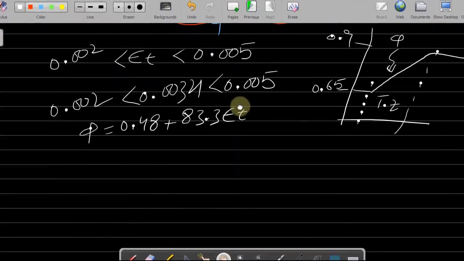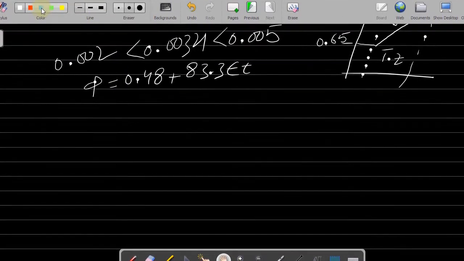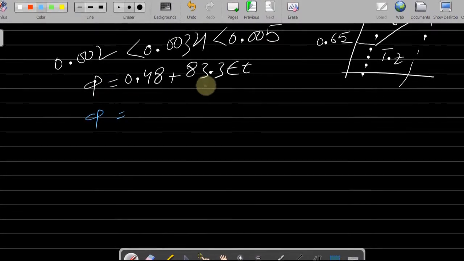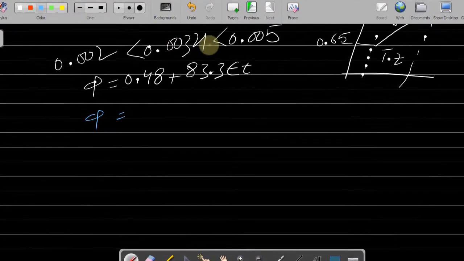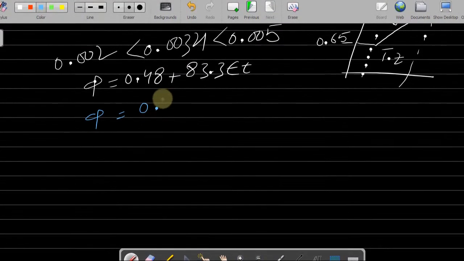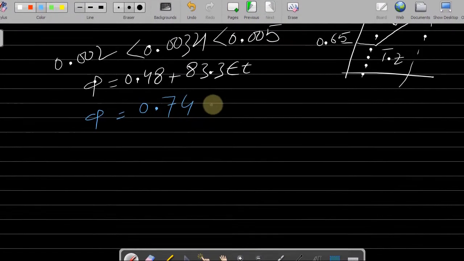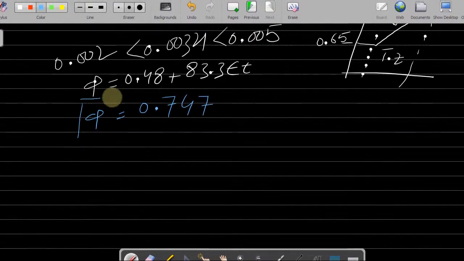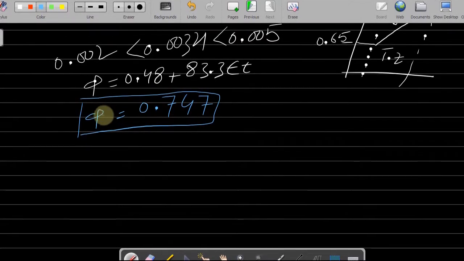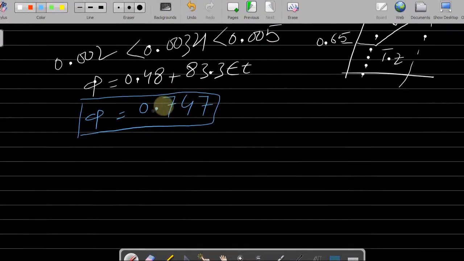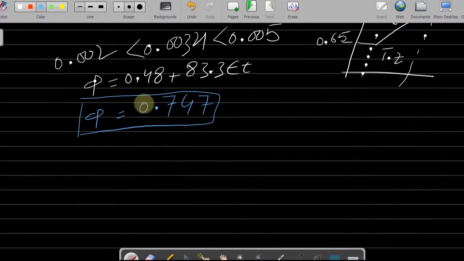So if you plug all the values, the epsilon t value will be 0.00321. From this you will see the value of 0.747. Now you see the effect, because this time we are decreasing the section capacity by about 25%.